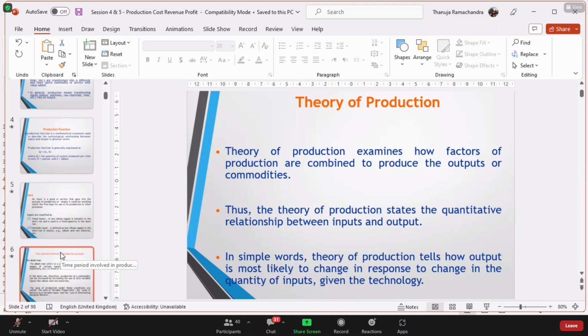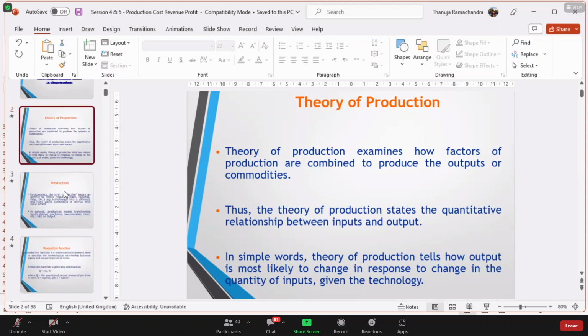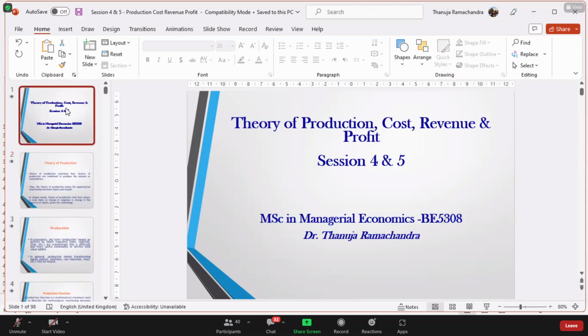Very simple, isn't it? Right? Okay. Yes, ma'am. So it's just a matter of absorbing the concept by yourself.